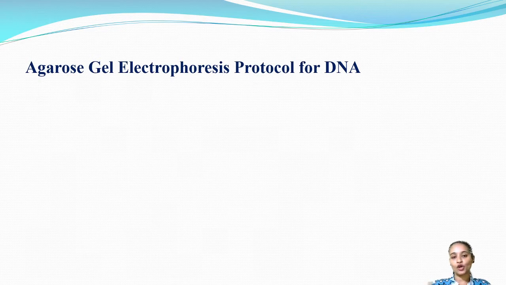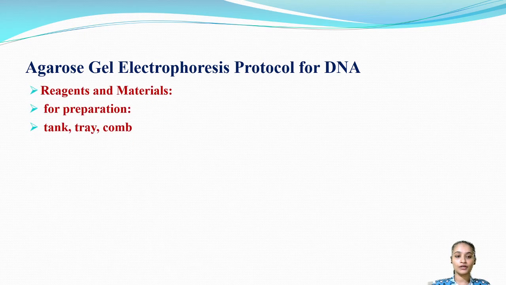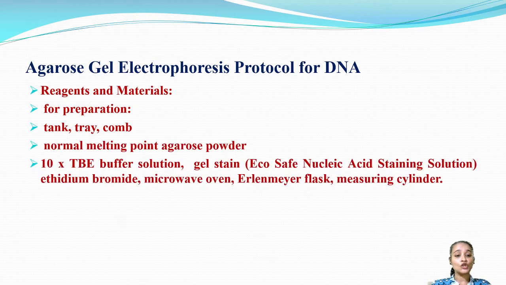Now, what is the protocol behind agarose gel electrophoresis for separation of your DNA fragments or PCR products? Reagents and materials for preparation: we need a tank, tray, comb, normal melting point agarose powder, 10x TBE buffer solution, and a gel stain, that is, an EcoSafe nucleic acid staining solution.